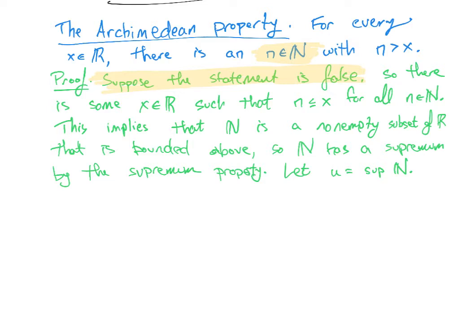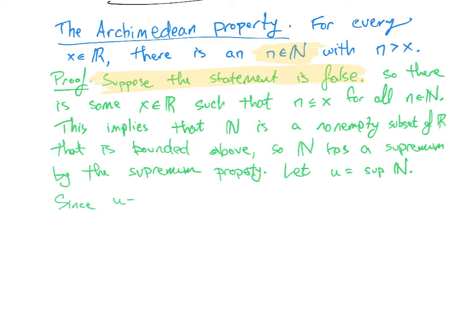So here we have a cute trick. We're going to use the least upper bound property of U. Okay? So if we subtracted 1 from U, that would be a smaller number than U, right? So that cannot be the supremum of the natural numbers. Which means that there must be a natural number that's bigger than U minus 1. Okay? So that's what we're going to do.